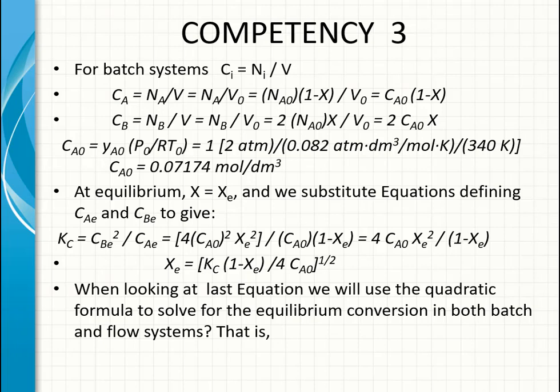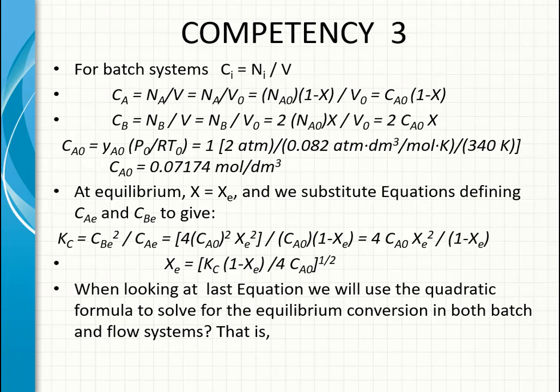So we substitute this equation for Ca at equilibrium and Cb at equilibrium, and we will have that Kc, which is equal to the concentration of B at equilibrium elevated to the second power divided by the concentration of A at equilibrium elevated to the first power.